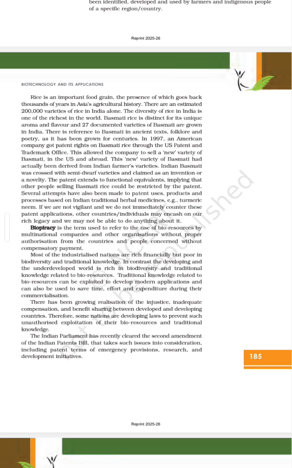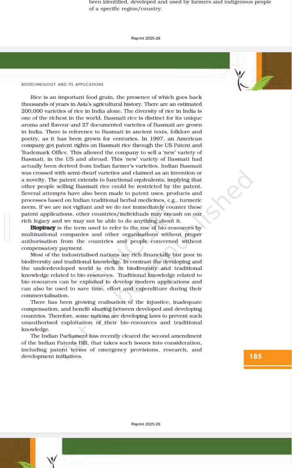So this is how they actually stole our native variety of rice. The revenue that you pay by purchasing basmati chawal or basmati rice actually goes to the American company, not to our India. So try to think of it.